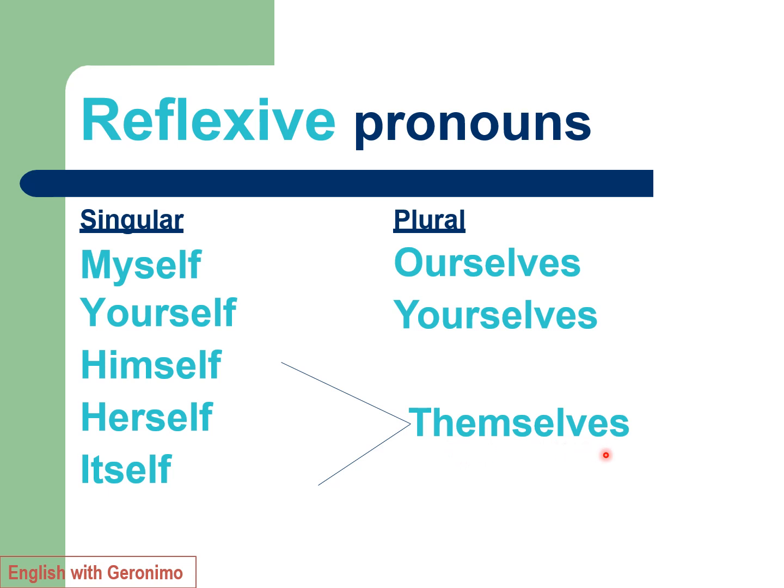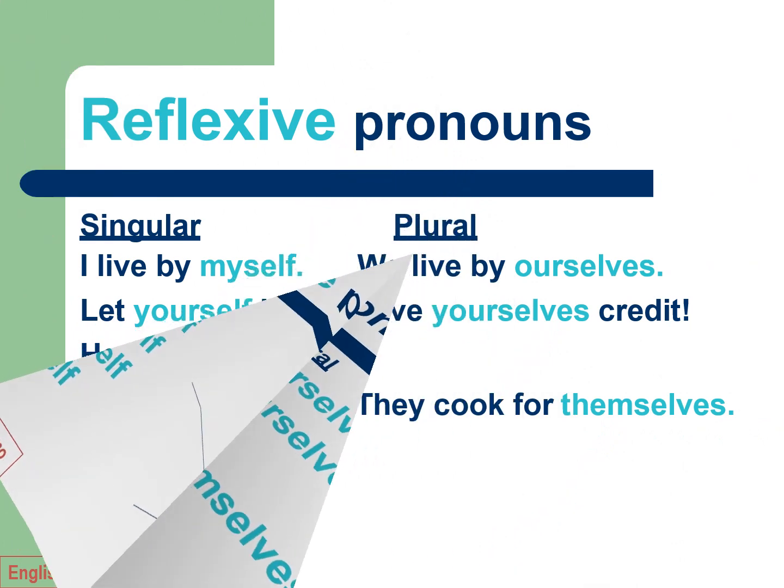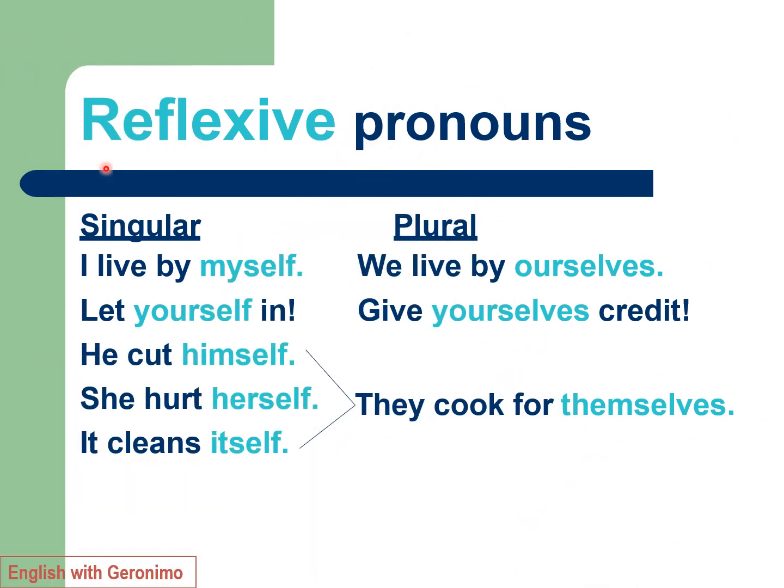So as you have noticed, when we use reflexive pronouns, we add self or selves after the pronoun itself. So my plus self is myself. Our plus selves is ourselves. Don't forget that.